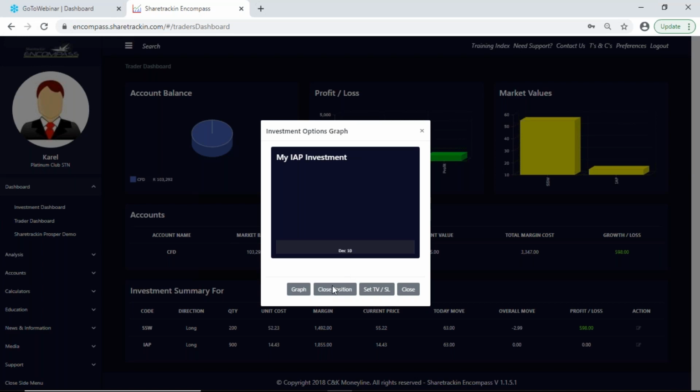And automatically, if I go close position, I just fill in the comment, click on close position again, and from there on, I can work with the share.